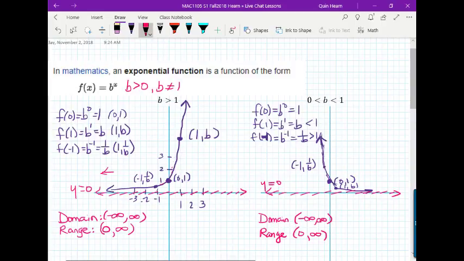If b is greater than 1, we have an increasing function. That means it's going up as we read the graph from left to right. If we have a b value that is a fraction, we get a decreasing function. That means that the y values are going down as we read the graph from left to right.